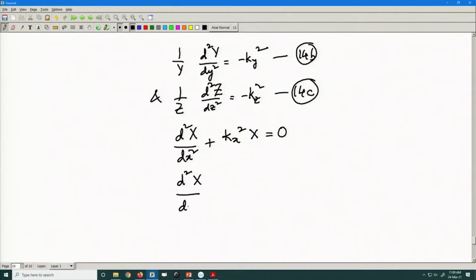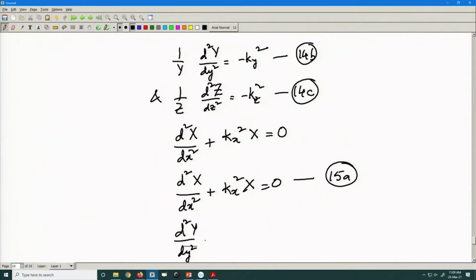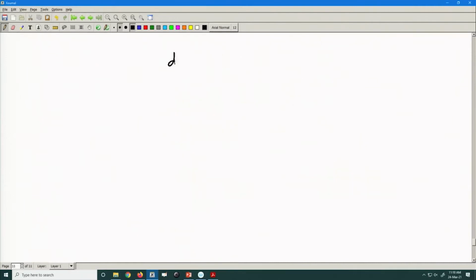We call this 15a. d square Y dy square plus k y square Y is 0.